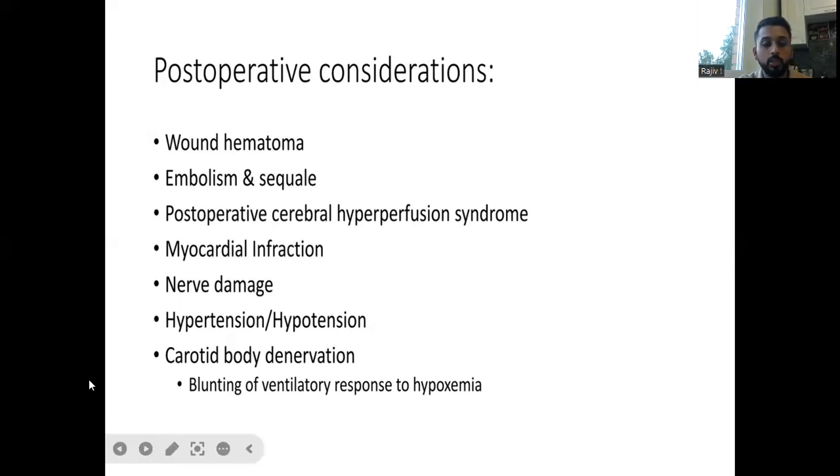Hypertension or hypotension and carotid body denervation can happen, and blunting of ventilatory response to hypoxemia. This is also very common, and that is what you have to monitor using the transcranial oximetry. And embolism, it's mostly when you're shunting the patient, and MI.